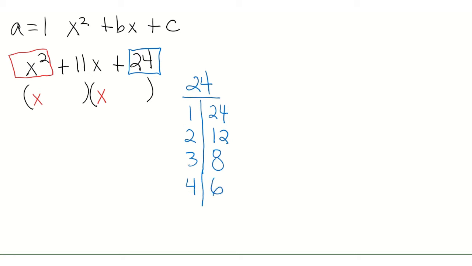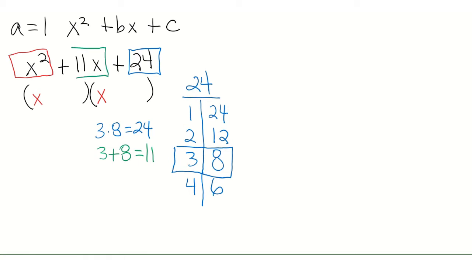Now I'm looking for factors that when I multiply them together give me my c, and when I add them together give me b. And I see that 3 times 8 is going to do that. So 3 times 8 equals 24, and 3 plus 8 equals 11, and this is what I need, my 11.